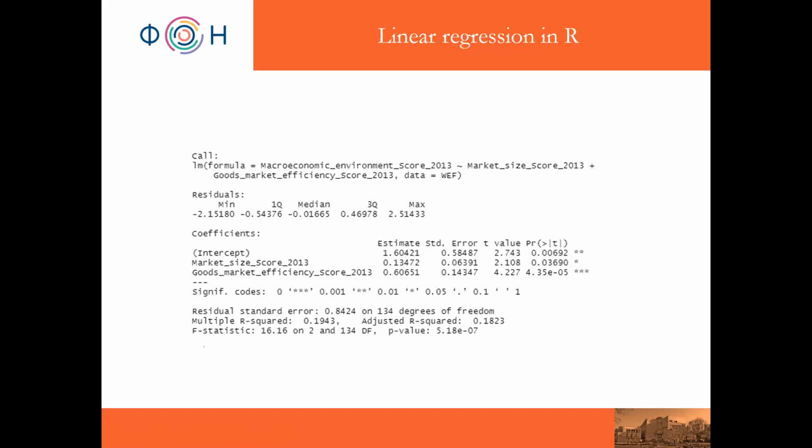In the same manner, we can interpret the other coefficient. So if our goods market efficiency score improves by 1, the value of macroeconomic environment score is going to improve by 0.6. Okay?